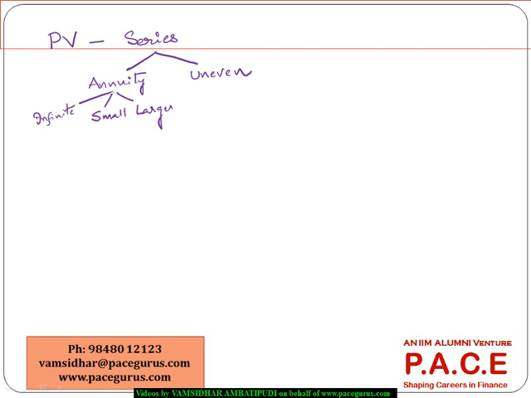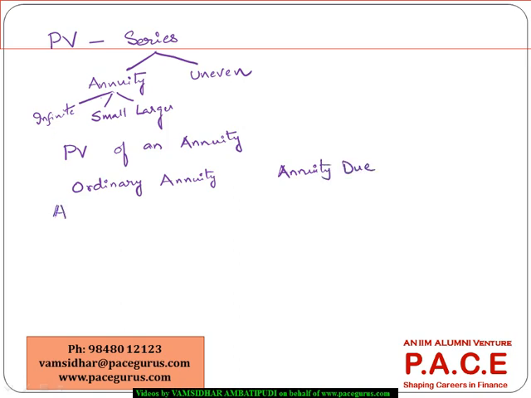So depending on how the payments are being made, we may be interested in finding out the present values of all of them. So if I am looking at the present value of an annuity, here we have to see, is the annuity an ordinary annuity or an annuity due? Why do we need to really bother about this? Let's say I am talking about receiving a payment A for 10 years.